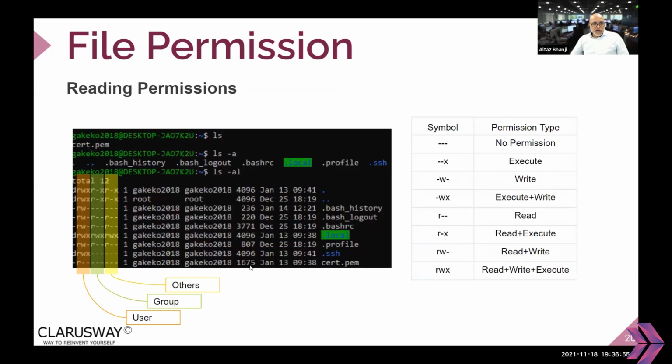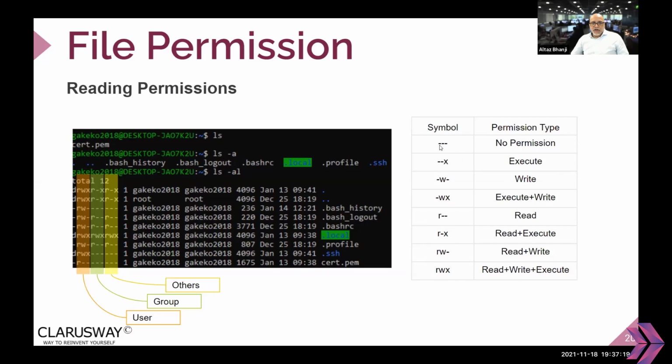All right, so let's look at this a little bit closer. I've highlighted these 3 groups here, right? So you've got the user, the group, and others. And there's a few different ways to look at this. You can kind of memorize this table, or you can look at this table right now.